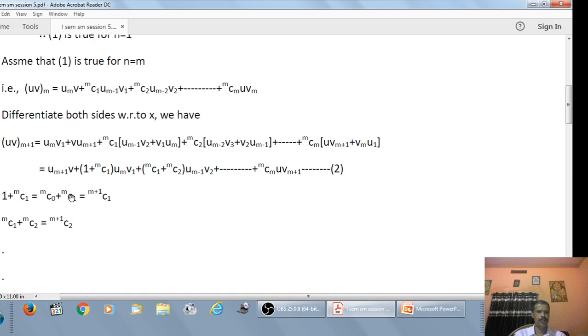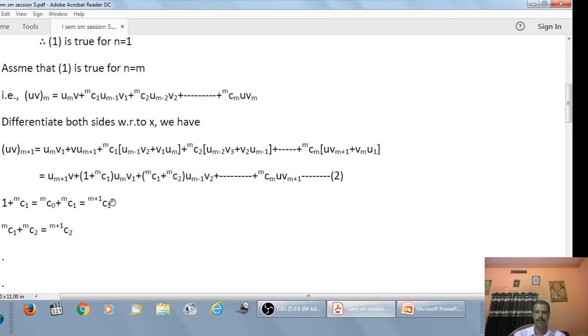Here is the conversion. I can write 1 plus mC1 as, 1 as mC0, since the subscript is 0 the value will be 1. So mC0 plus mC1. Now this is of the form where the superscript is same and the subscripts are successive terms. So the addition of this type of combination has superscript m plus 1 and the subscript becomes the highest term.